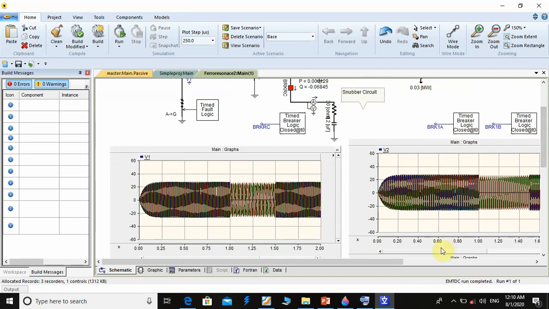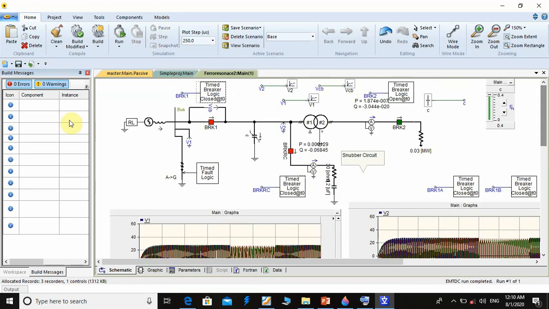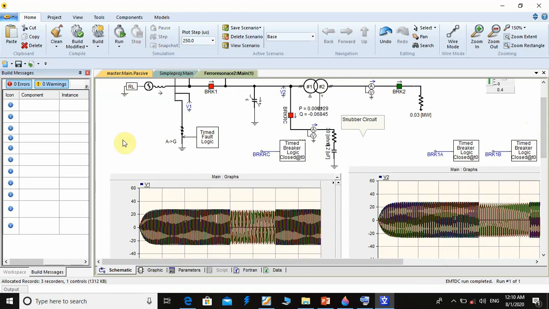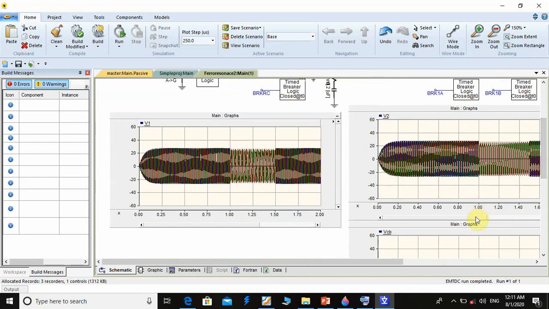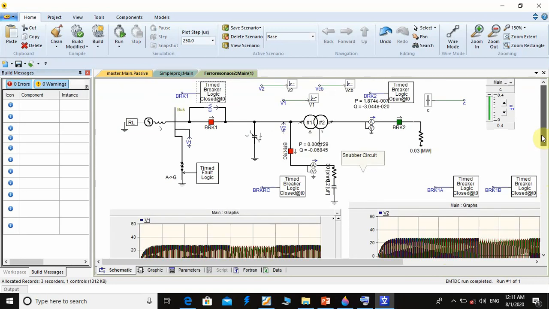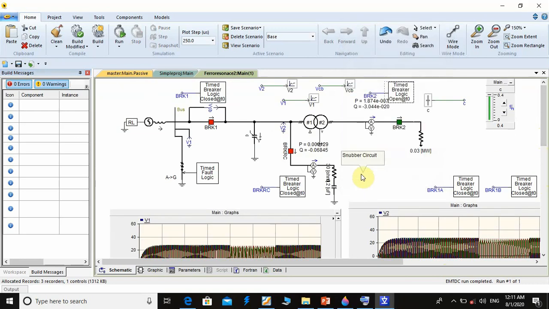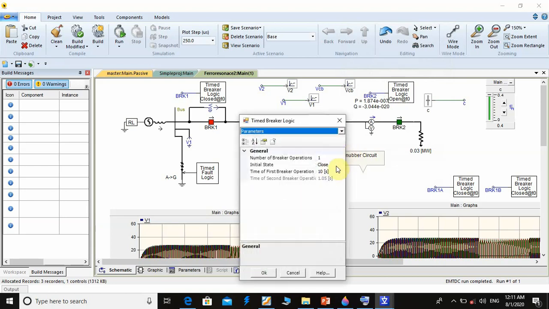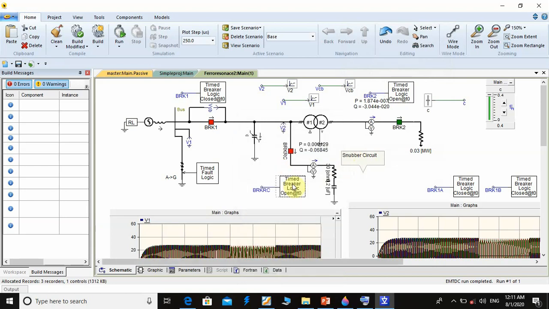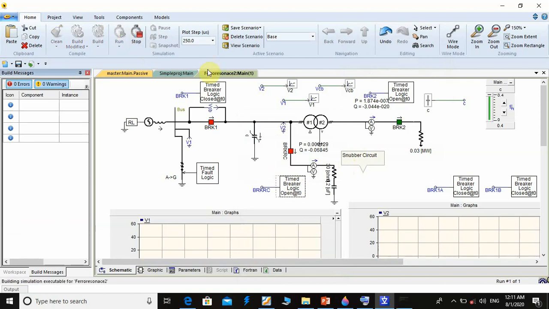As you see here, because our system is solidly earthed, there is a voltage dip at phase A, because here our earth fault is from phase A to ground. The snubber circuit is off, run again.